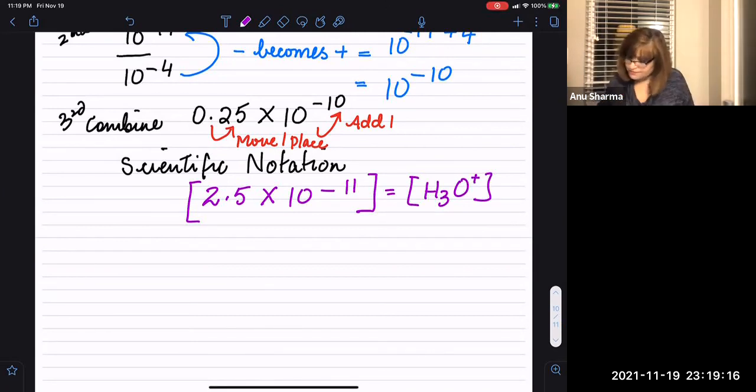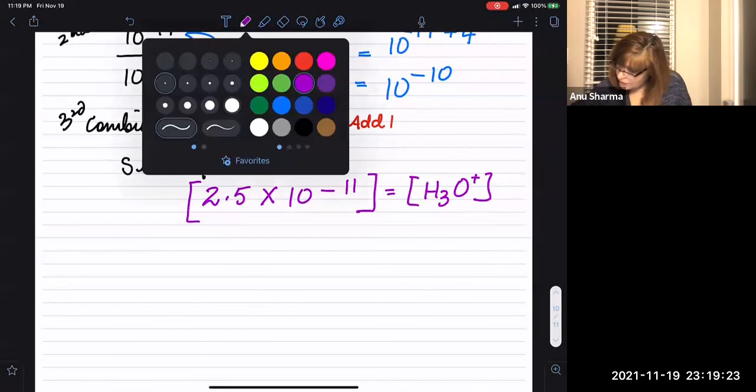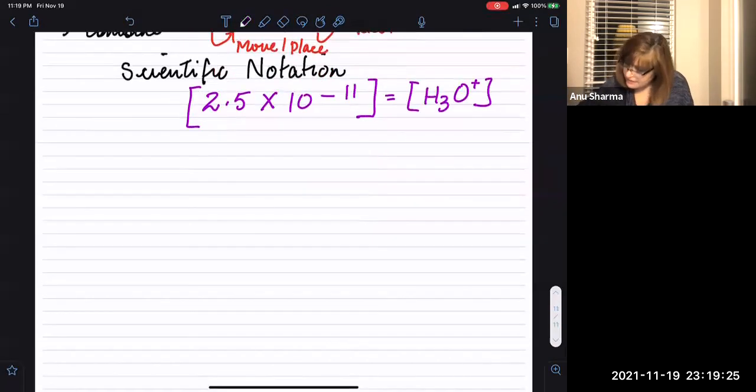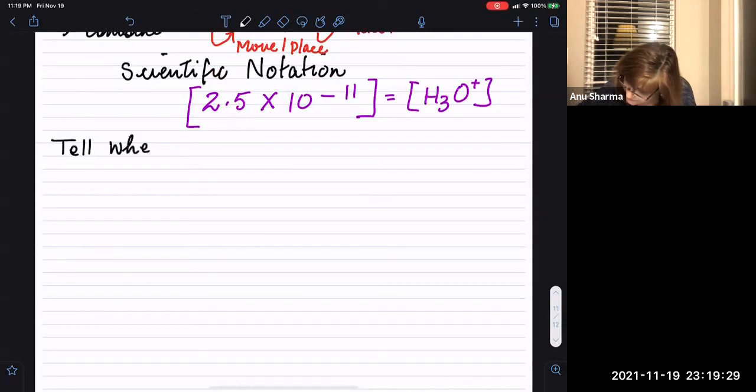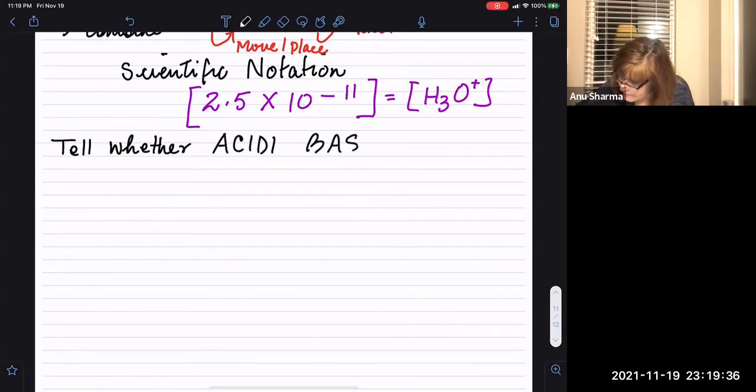Now comes the question: tell whether the solution is acidic, basic, or neutral. Keep this in mind. Tell whether acidic, basic, or neutral.